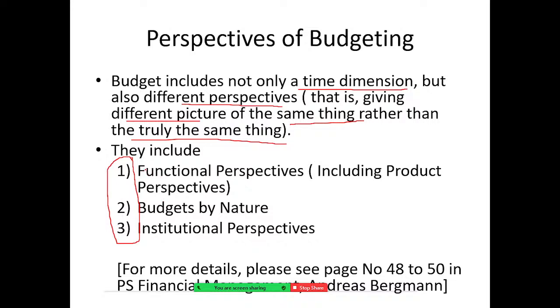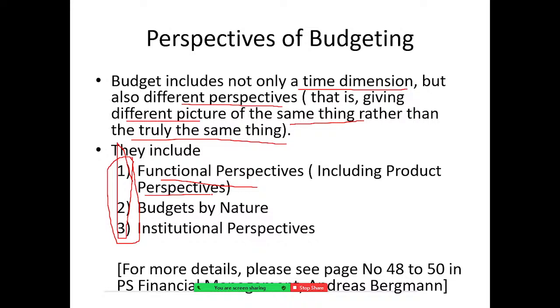There are many perspectives, but we focus on these three. First, the functional perspective, which includes products. What are the products the government produces? Government gives us education, it's a product. Health services, a product. Defense, a product. Social security, a product.